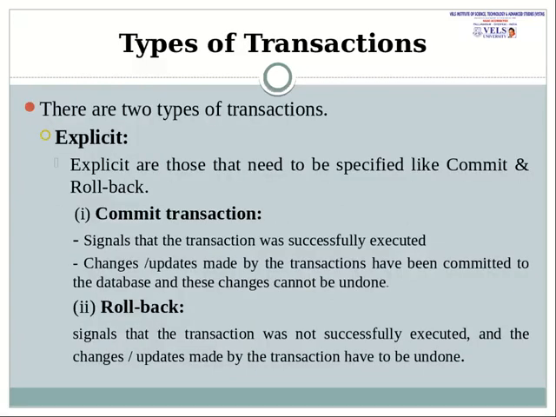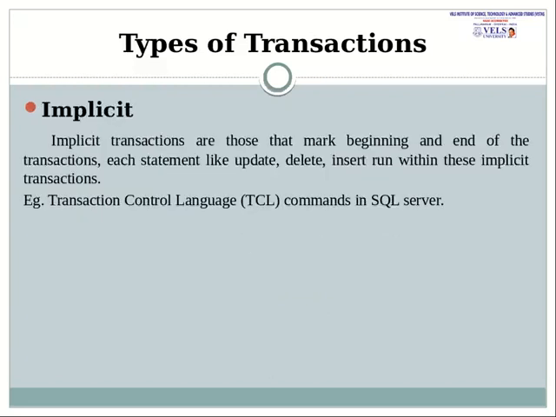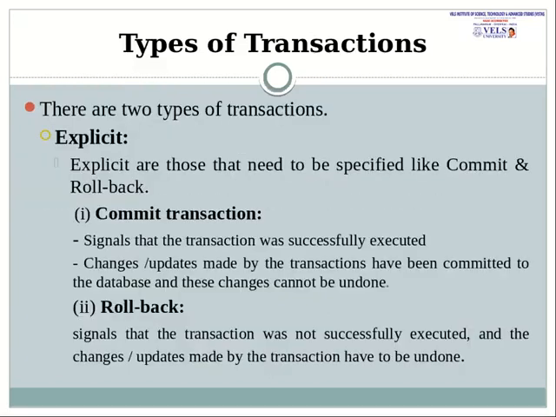Here there are two types of transactions: explicit transactions and implicit transactions. Explicit transactions are those that need either a commit statement or a rollback statement. A commit transaction signals that the transaction was executed successfully, and the changes and updates made by the transaction have been committed to the database.